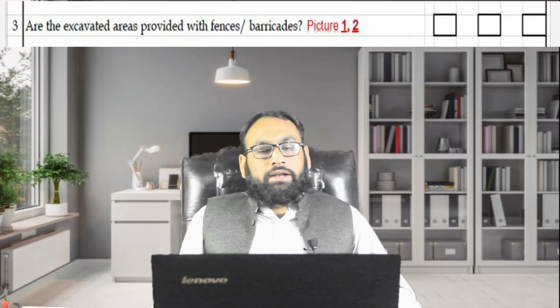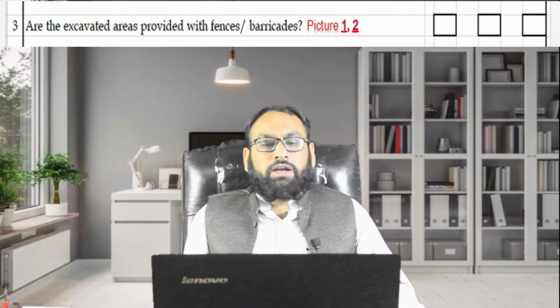The third important point is: is the excavated area provided with fences or cordoned off? I will show you a picture that after completing the excavation of this particular project, we fenced all the excavated area, because we do not allow any unauthorized person into this project, and a laborer is also not allowed to cross this cordoned-off area.